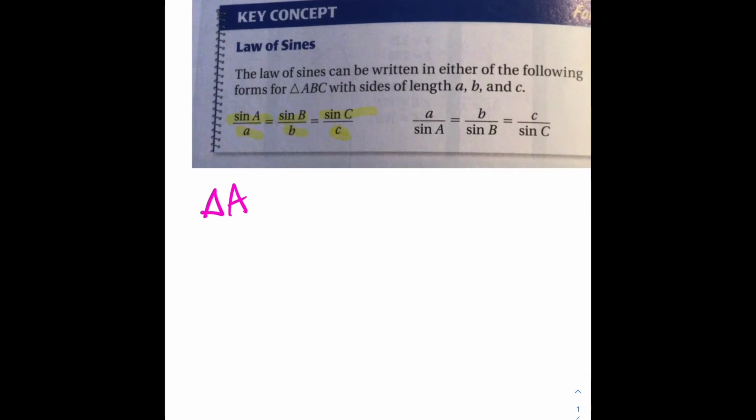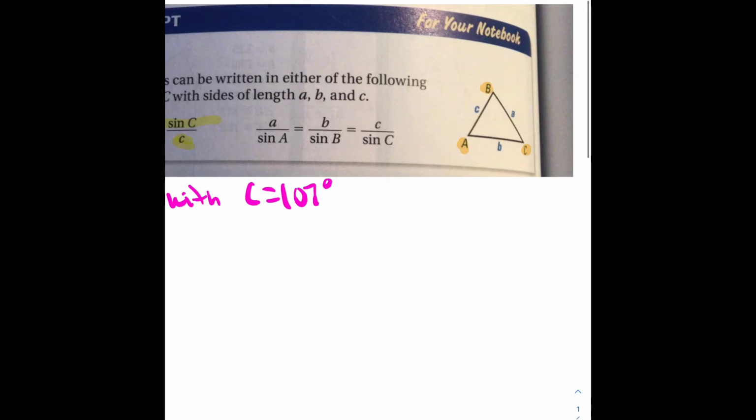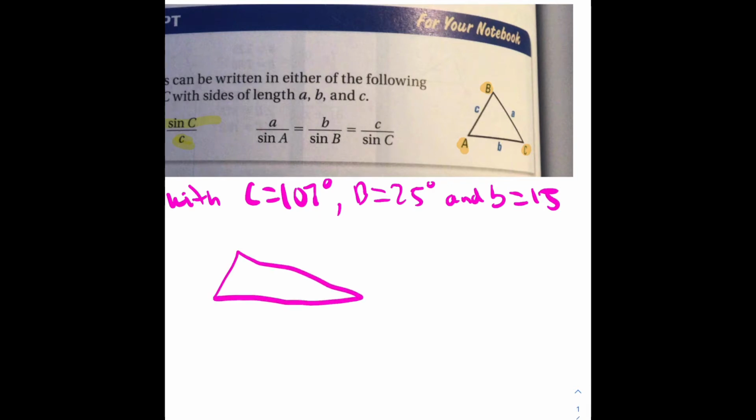So if we look at an example, solve triangle ABC with C equaling 107 degrees, B equals 25 degrees, and side B equals 15. I would start by drawing it.